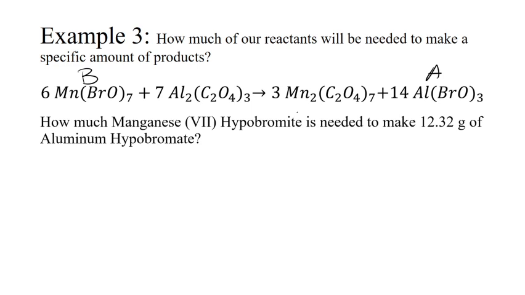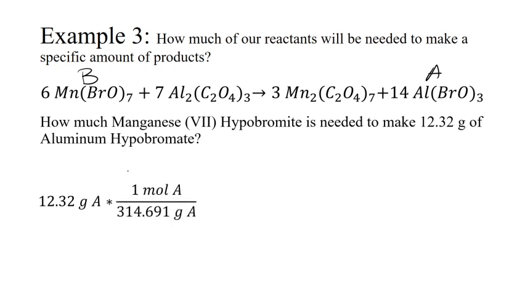So we start again with what we know. We know we want to make 12.32 grams of aluminum hypobromite. So we're going to convert that unit to moles.